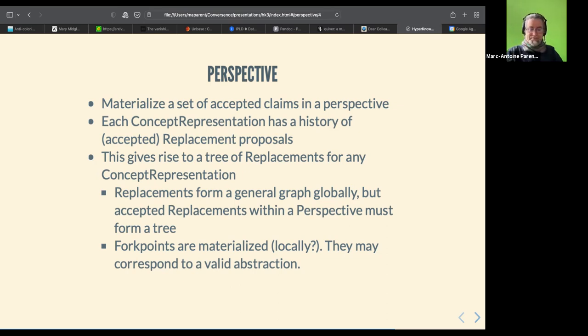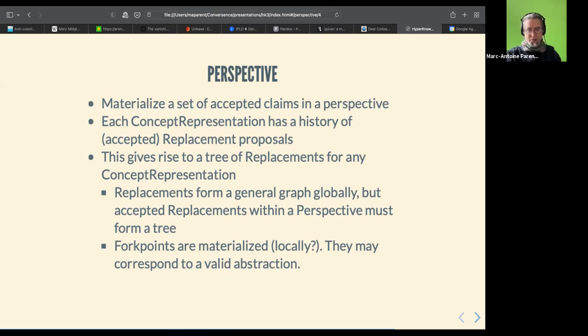It may not be a tree. So there are in a way too many fork points to materialize them all the time. Whereas within the perspective, we have a more restricted view of the replacements, so it is conceivable to materialize the fork points.